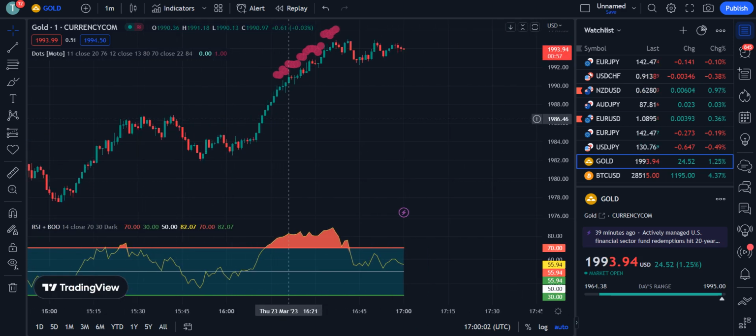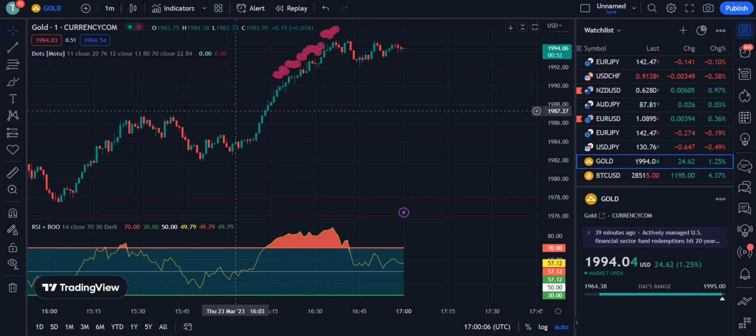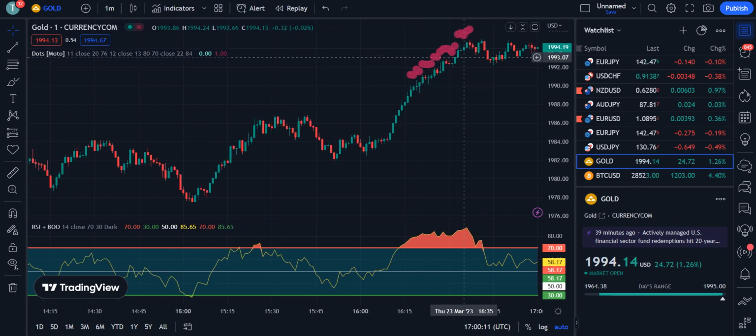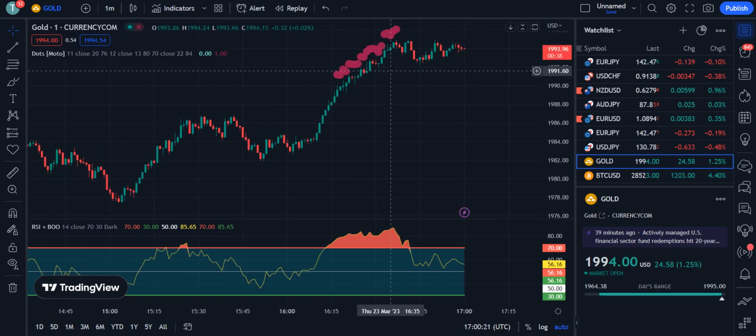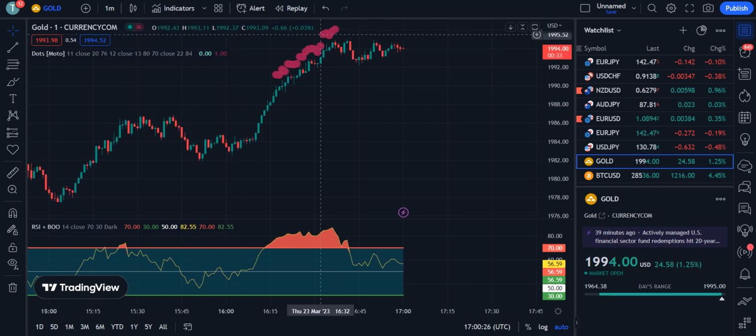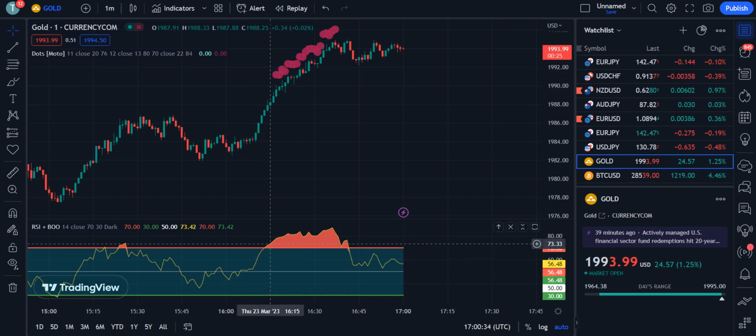So now, when you have to take the entry for the positive trend or uptrend, as you can see, our market always has two kinds of trends. One is the uptrend, as it is given here, and one is the downtrend, as you can see here. So we have to look for our Moto indicator to give us the pink color dots. Whenever it gives us the pink color dots, as you can see here, it means that we are in the overbought level according to the RSI indicator.